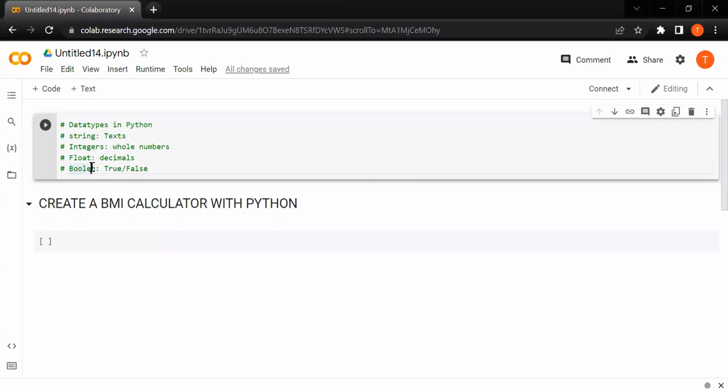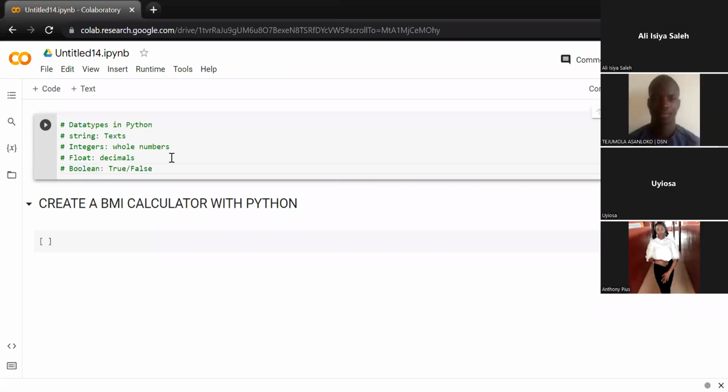Okay, so I think I need to add it here. Good. Now I have spoken about data types, and now I would like to let us know that we also have variables. Variables are values where we store what's in our data set. We can store data. I ask you to keep this at the back of our mind as we'll be using them as we build our BMI calculator.